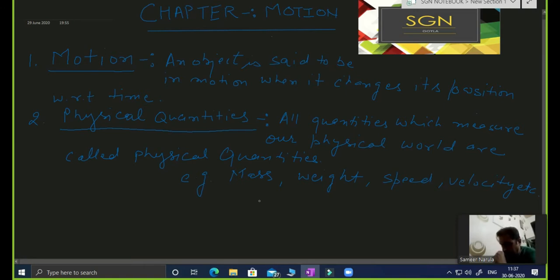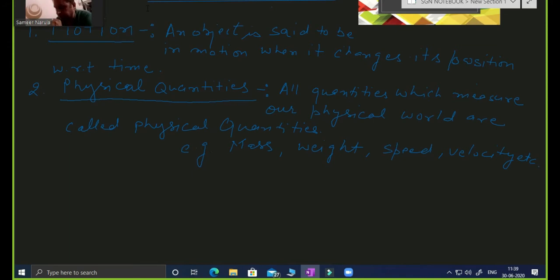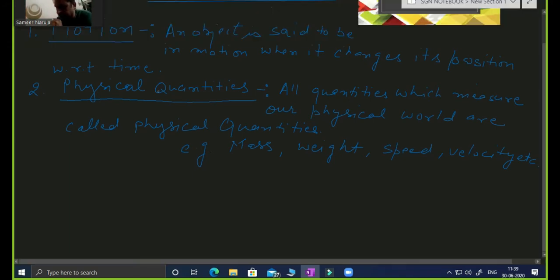Physical quantities can be divided into two categories.